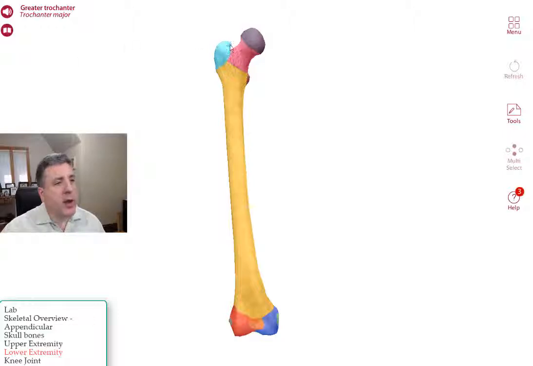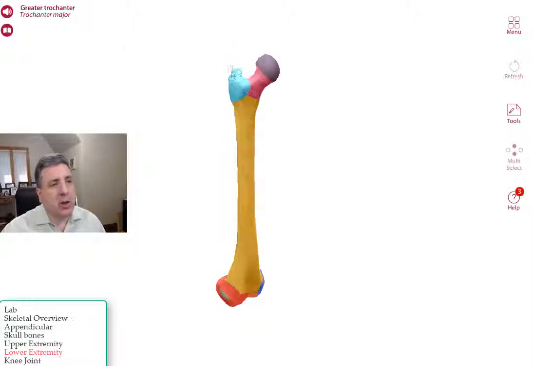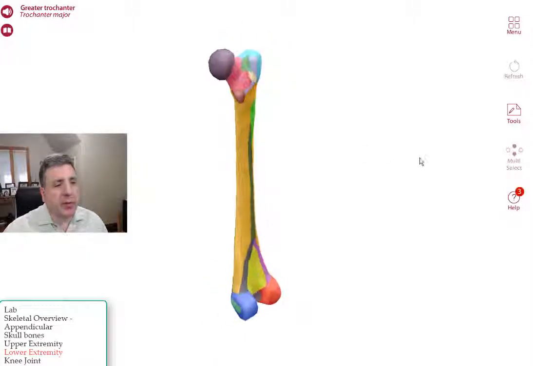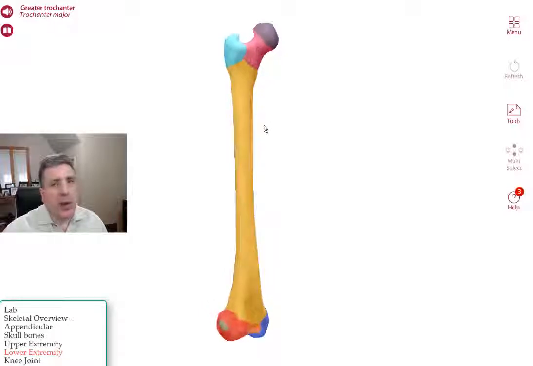The trochanter on this one is the large portion that comes out. Let me rotate it around. You can see it from this way. This is the posterior view, and then we have the anterior view. The greater trochanter is the attachment site for the gluteus medius muscle.